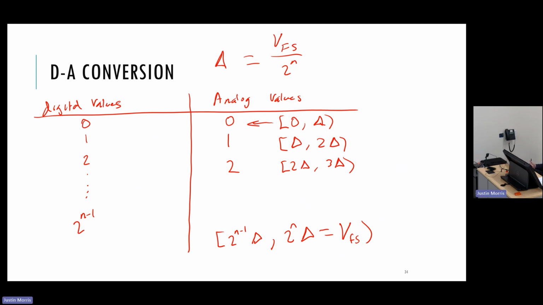So we're going to be outputting these fixed values to our analog, and it's going to be that portion of V full scale. If I'm inputting 1 as my digital value, then I would get out delta. If I'm inputting 2, I would get 2 delta. And that would go all the way to the end. So I don't ever truly output V full scale, because I have to output 0 as one of my combinations.